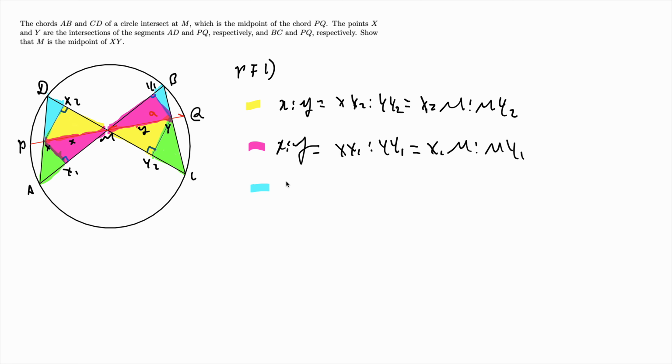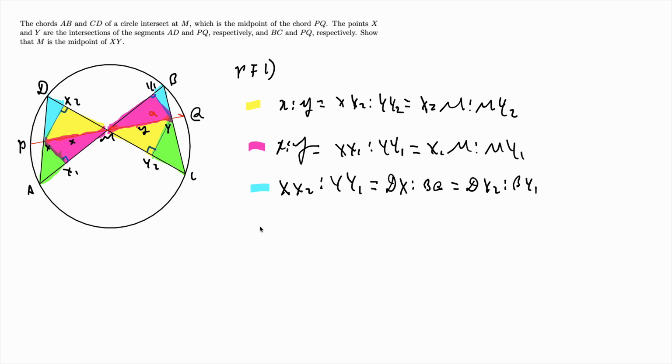It tells us that x sub 2 to y sub 1 equals dx to bq, and this is equal to dx sub 2 to by sub 1.